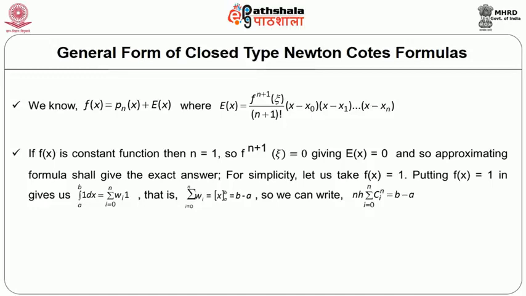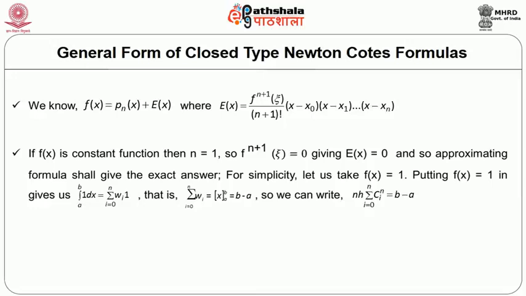Now the error term has the form f^(n+1) at the point xi by (n+1) factorial times (x minus x0), (x minus x1), ... (x minus xn). So this (n+1)th derivative would be 0 for n greater than or equal to 1, and so its integral is also 0. So the error term is 0, the first derivative is 0, and the definite integral of a 0 is going to be 0.